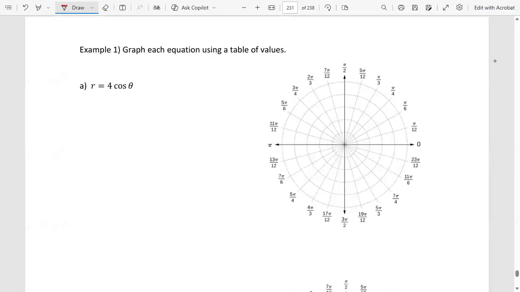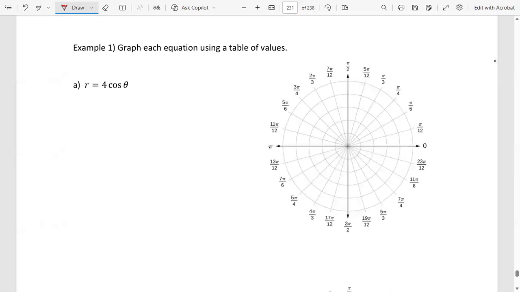To have a more accurate graph, it's better to create a table of values, replace numbers for theta, and find r. Since theta is an angle, we always replace angles. And you can see a polar coordinate over here. We want to use that for graphing this polar equation.